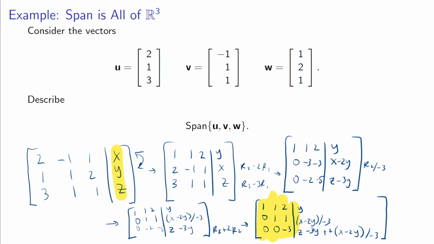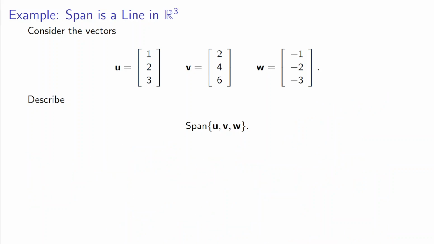What we're trying to do here is just show that essentially we can get to anything we want. So we would say that the span of u, v, and w in this case is all of R3, anything in the entire three-dimensional space.